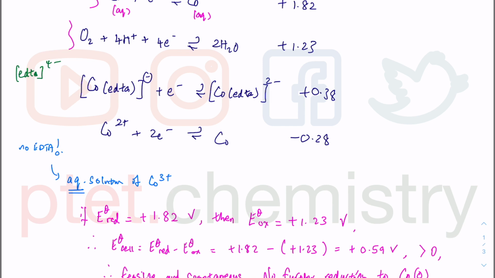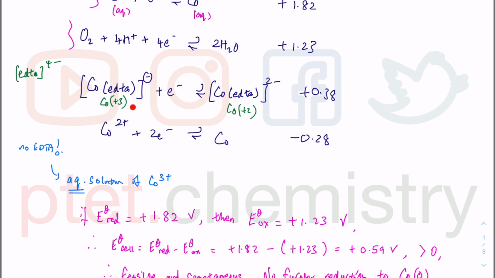So you can think about the cobalt here being cobalt plus 3, and then minus 4, that gives you minus 1. So here is cobalt plus 3 being reduced to cobalt plus 2, because that EDTA is still minus 4, so plus 2 for the cobalt, minus 4 for 1 EDTA will give you 2 minus overall charge.